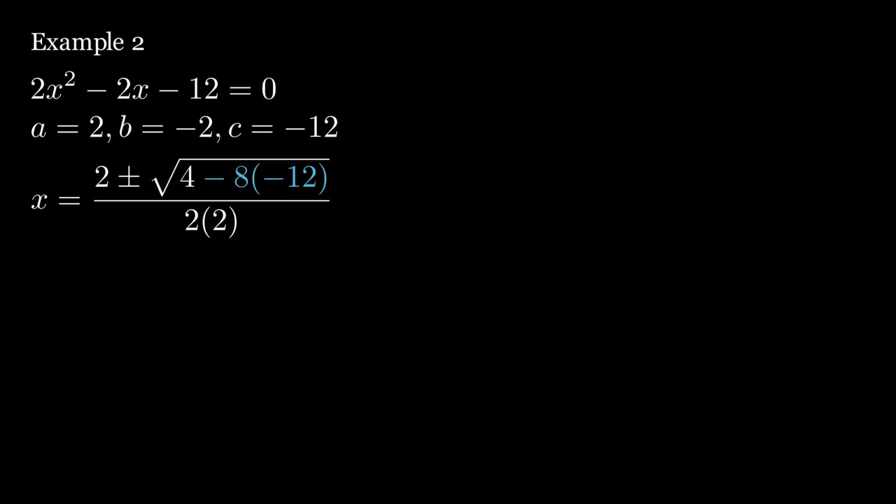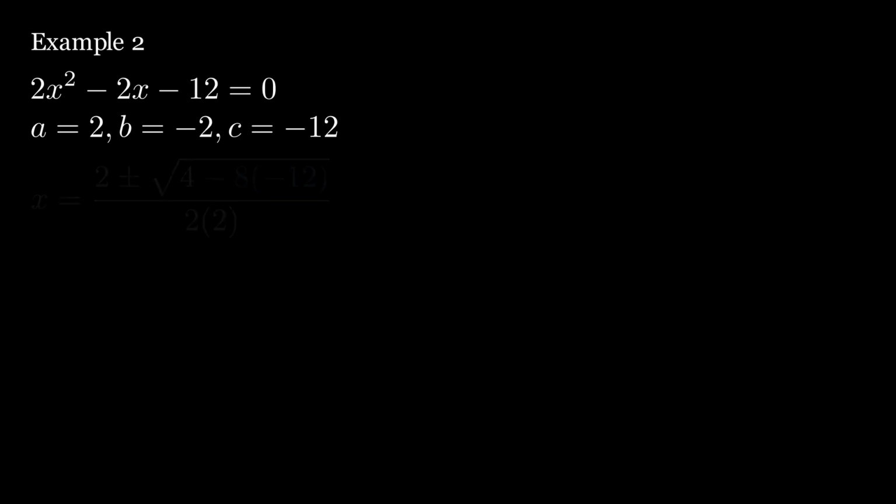Deal with the numbers first. We got 96, and negative times negative is positive. So 4 plus 96 is 100. Square root of 100 is 10. In the bottom part, 2 times 2 is 4. Now, we have two solutions.